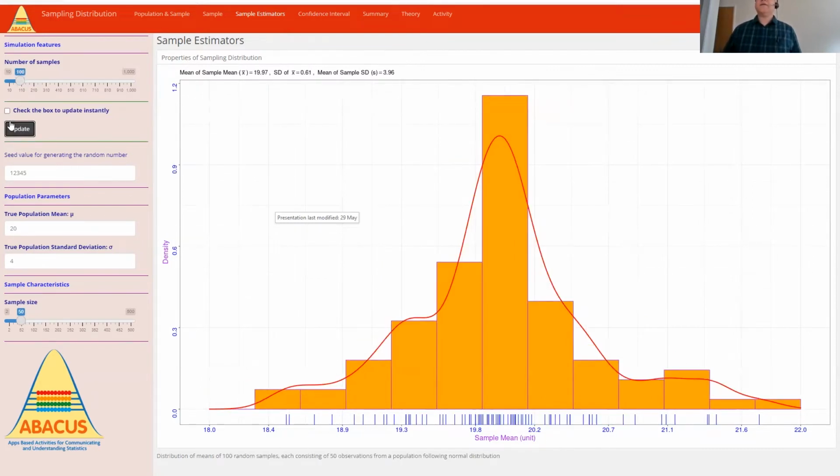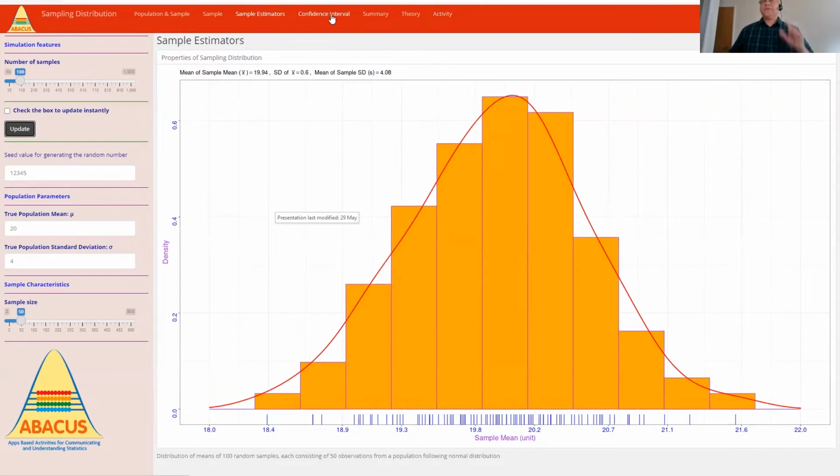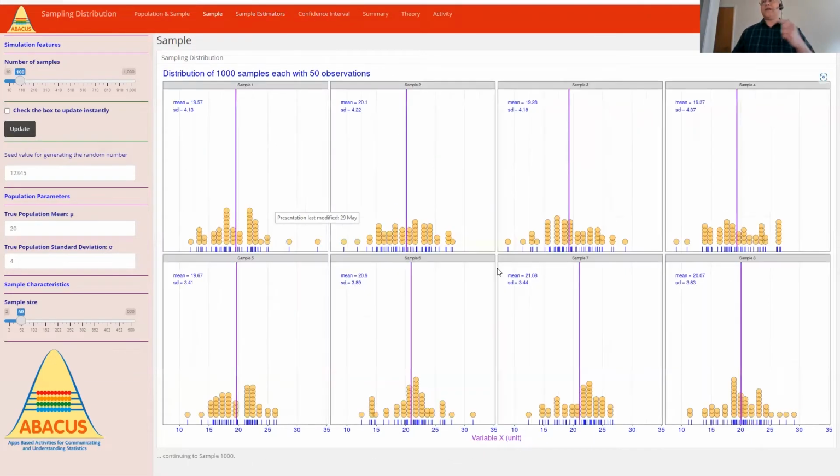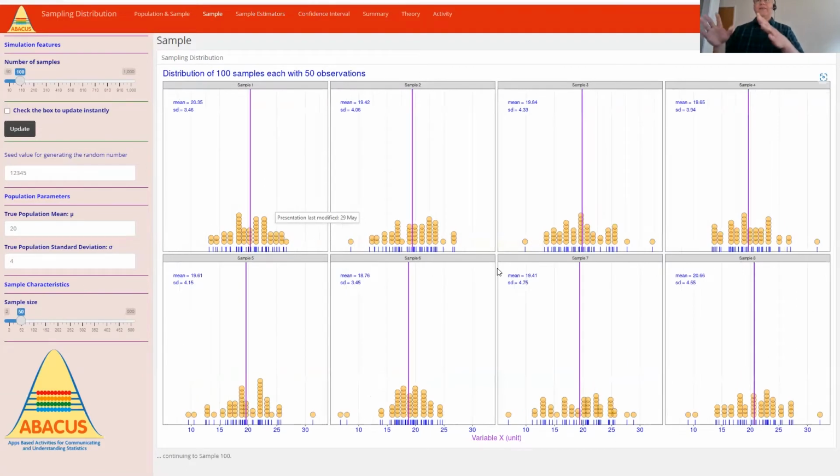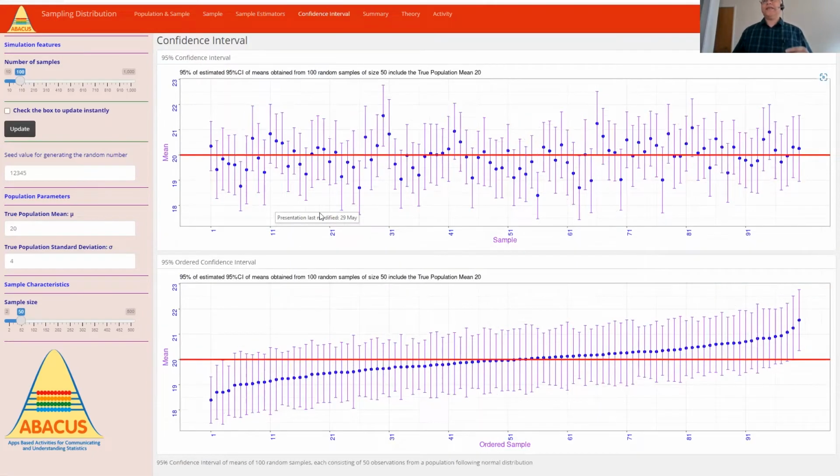So if you remember, our frequentist view is that we could have 100 samples, each of sample size 50. That means we could calculate the mean and standard error each time, and then use that formula to calculate the confidence interval. And if we do that, then we can actually have 100 confidence intervals, right?